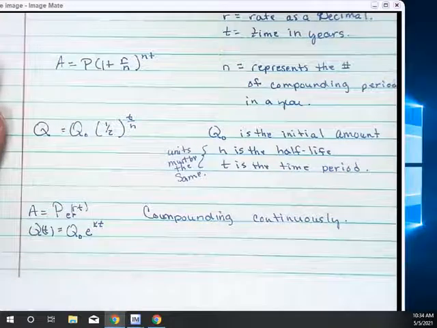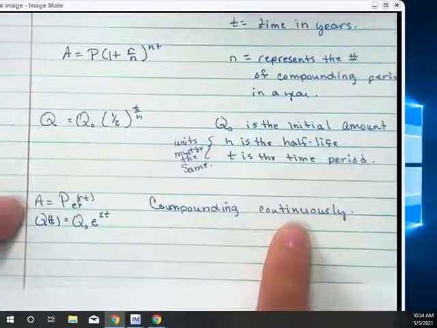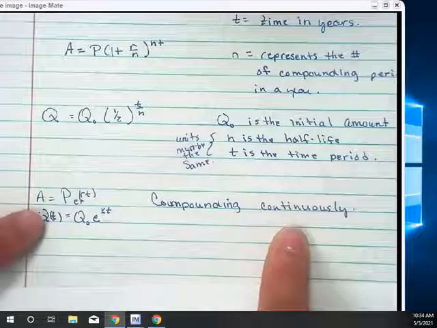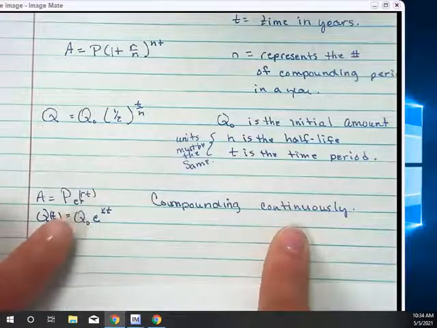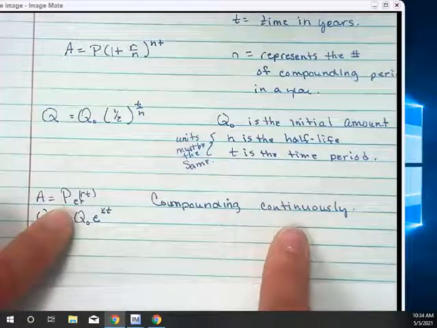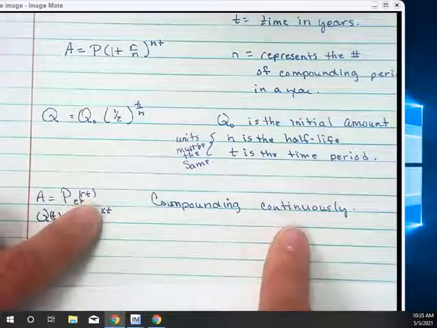Then we're going to be talking about compounding continuously. Again, this is accumulated money. Principal times E raised to the RT. And again, you can think of that principal as the initial starting amount that you have, where R, again, is a decimal, T is time in years.